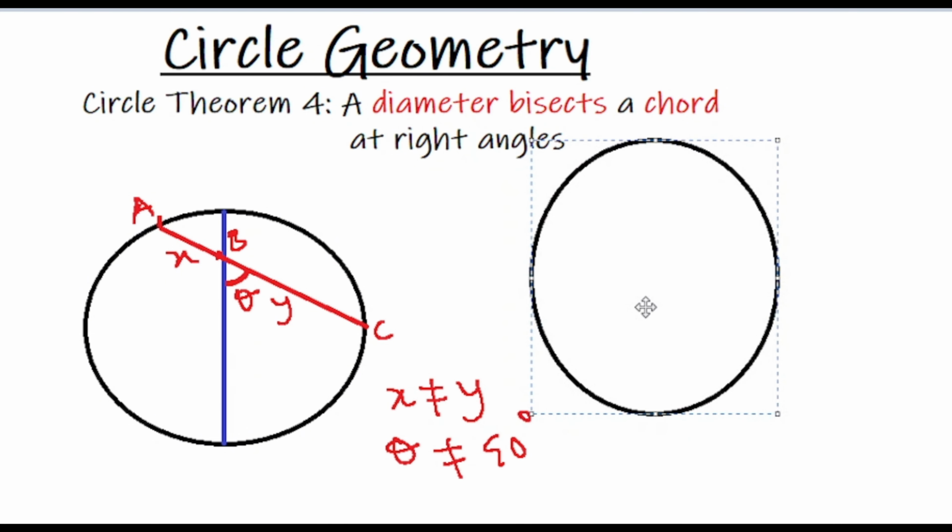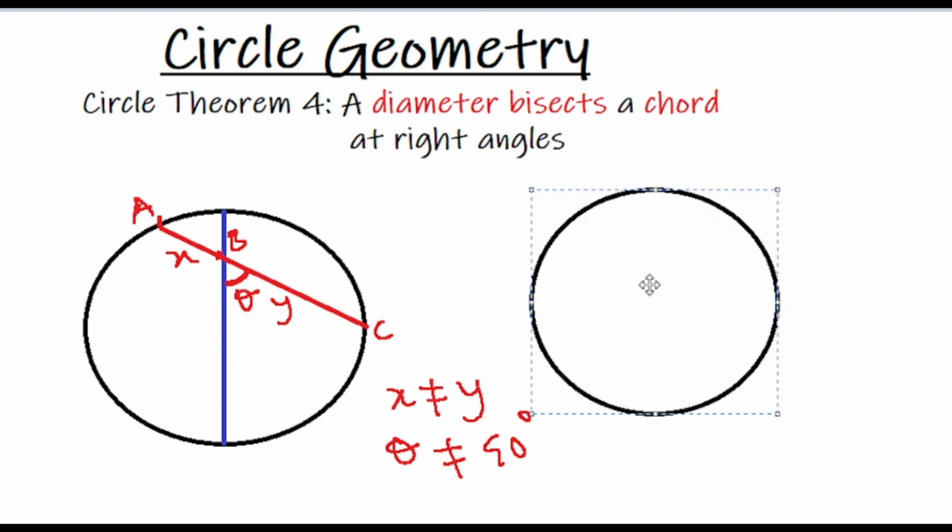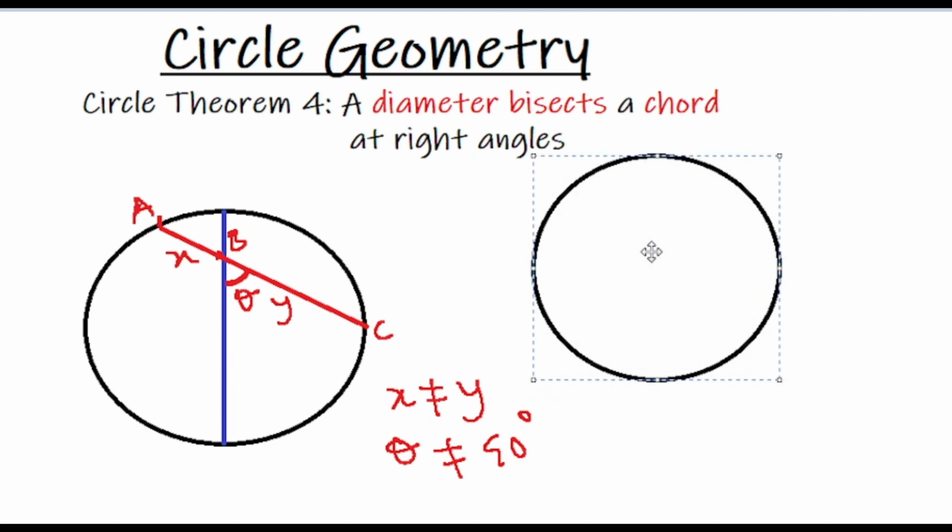Okay, let's have this circle here. All right, and let's get a blue line to divide this circle into two equal parts. And that's going to be a diameter. So let's take our blue line to be a diameter. All right, now let's get a chord.